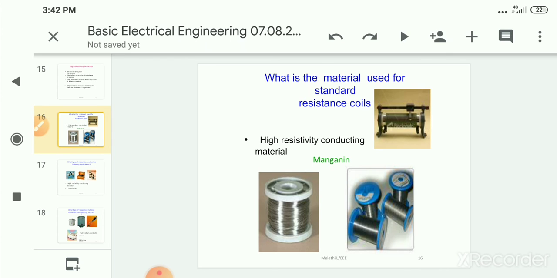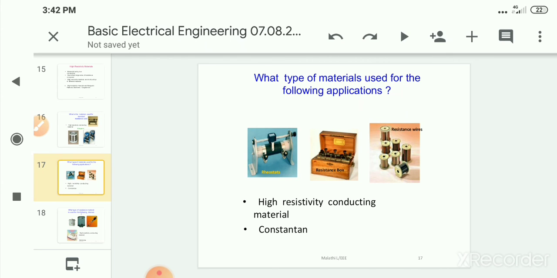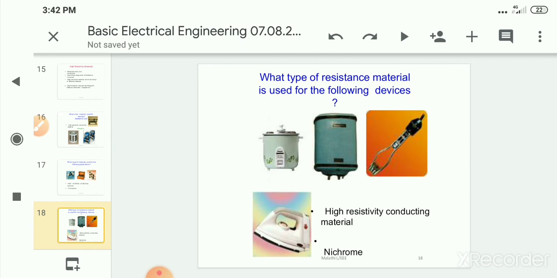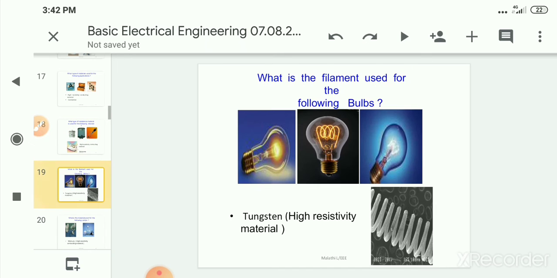The first group is made with manganin, the second group, rheostats, all those things, are made with constantan, and the last is nichrome. These are the elements used.